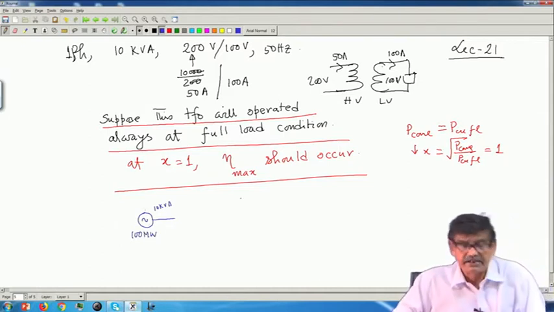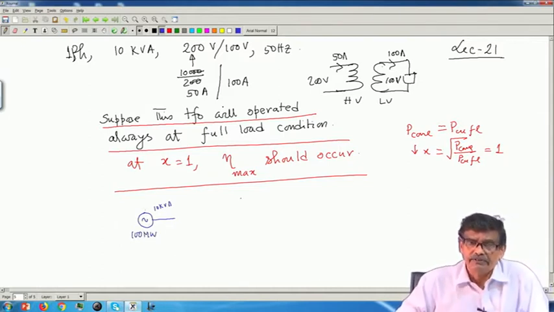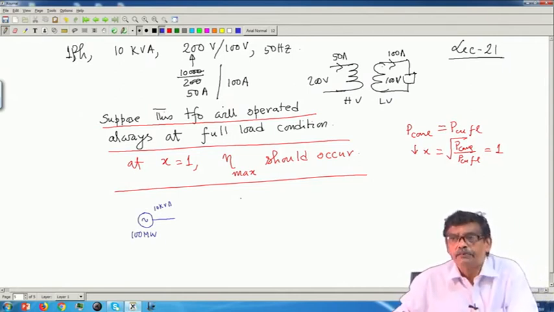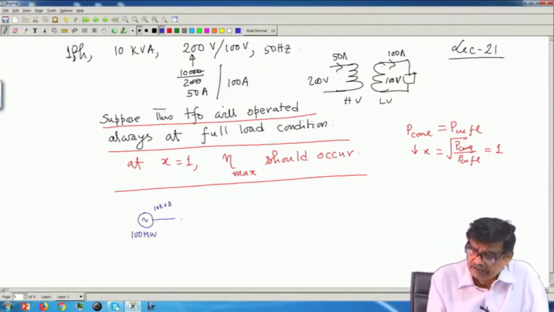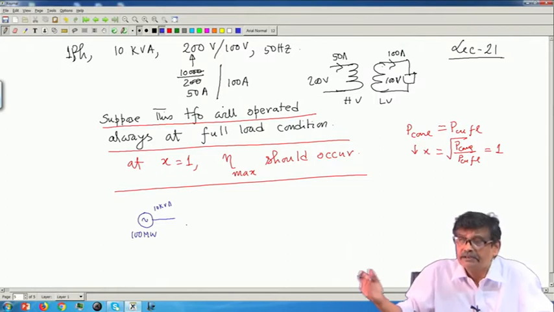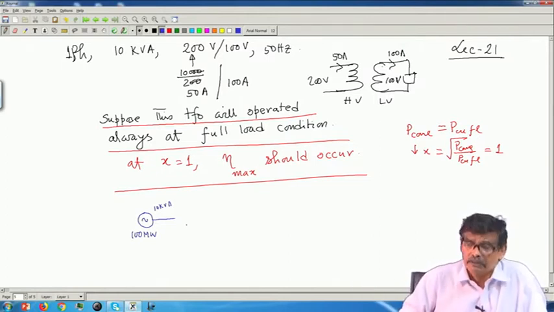Generally, generating stations are located at a far off place from the place where this power will be actually utilized. The distance between where this power will be utilized and the generating station may be hundreds of kilometers or more.